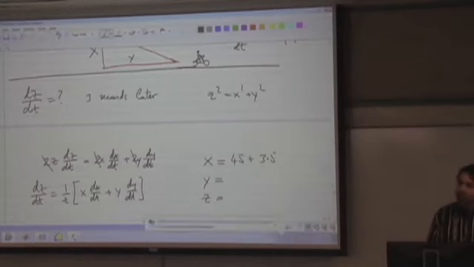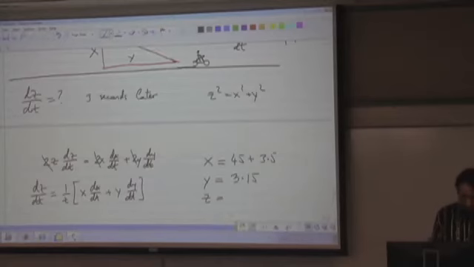Is that making sense? What is y? 3 times 15, right? The boy cycles at 15 feet per second, and it's been 3 seconds. So now we get 60, and then we get 45.